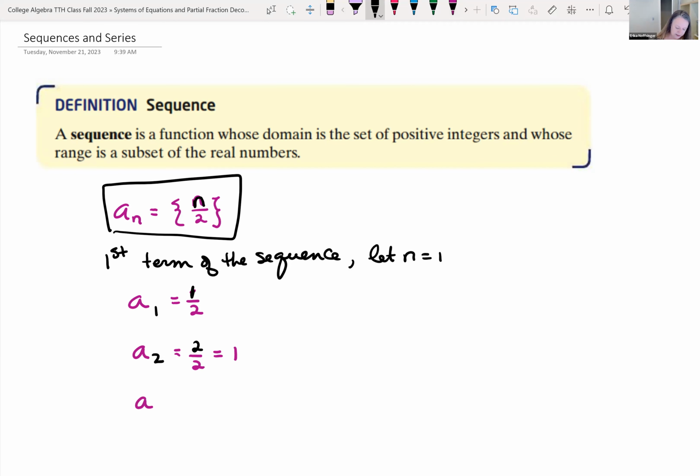So a sub 3, plugging in 3 wherever I saw an n, this is equal to 3 divided by 2, or 3/2. And so my sequence, a sub n, is going to be the set of numbers 1/2, 1, 3/2. It's going to go on forever, so I can put these 3 dots. That means that it's continuing on forever like that.